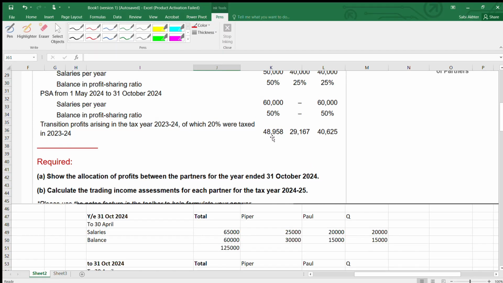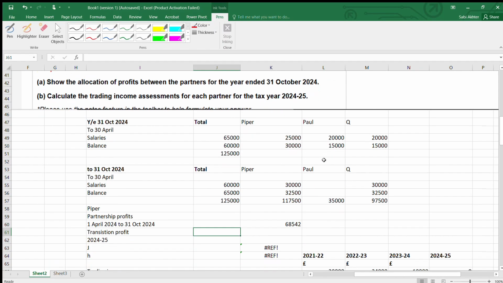It is 48,958 for Piper. 48,958. And from here you have to deduct what has been taxed in 2023-24. So equal to minus 20%. 20% has been taxed in the previous year. This will drop down the decimal.